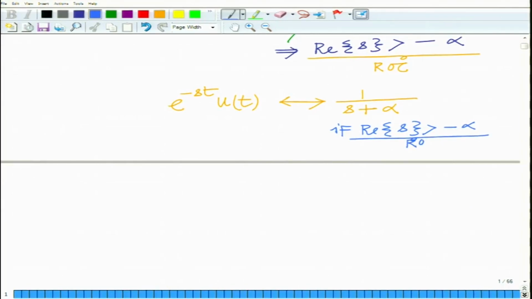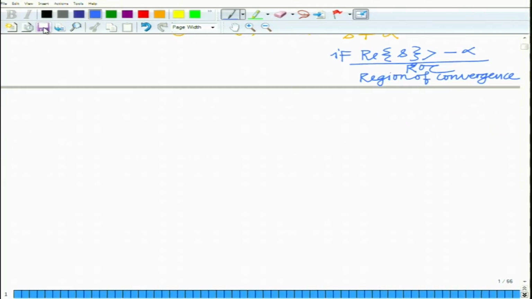And this ROC can be represented in the s plane as follows.